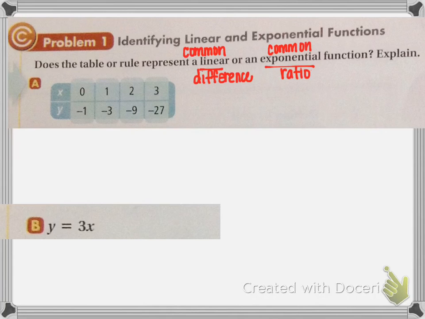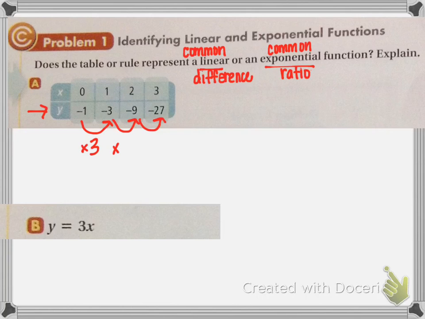So for A, you look at the y. What did I do to get from there to there? What did I do to get from there to there? And then what did I do to get from there to there? So it has to be the same. And what am I doing? Now, if you think adding first, I could subtract 2 and get to there, but if I subtract 2 again, it doesn't get me to -9, so it's not subtracting 2. So what if I multiplied by 3?